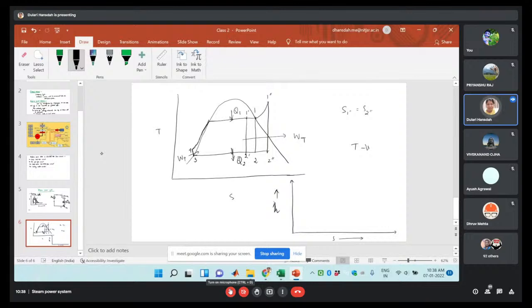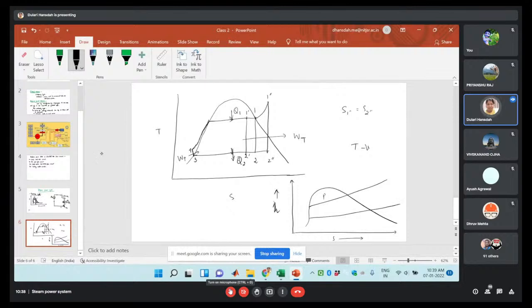In this case, at different pressures, we can draw the lines. How was the pressure line here? The pressure line was of this type, in the Mollier diagram I showed you, okay. So this will be like this.